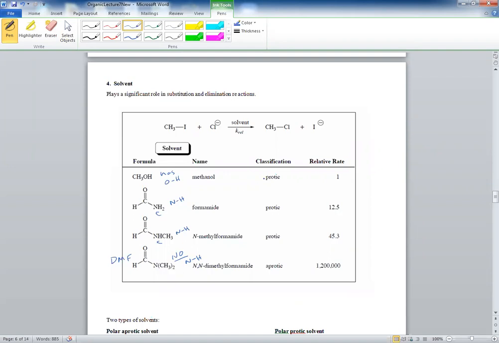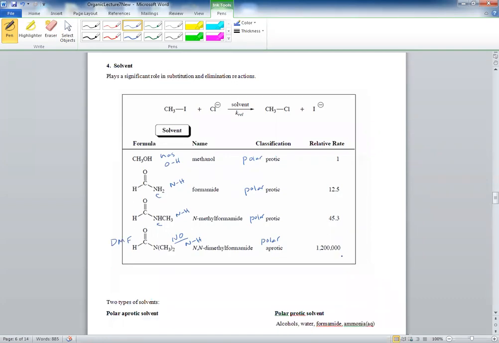So they're all polar, by the way. Even this one. But we see that when we have no NH bonds, that would actually increase the reaction rate. And for what reason?